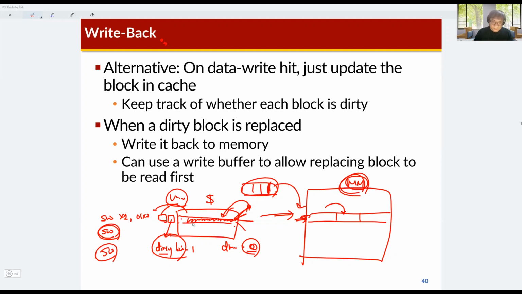But if this cache line is updated with new data by a store instruction, then the dirty bit of this cache line becomes 1. So the dirty bit indicates whether this cache line is updated after allocation.